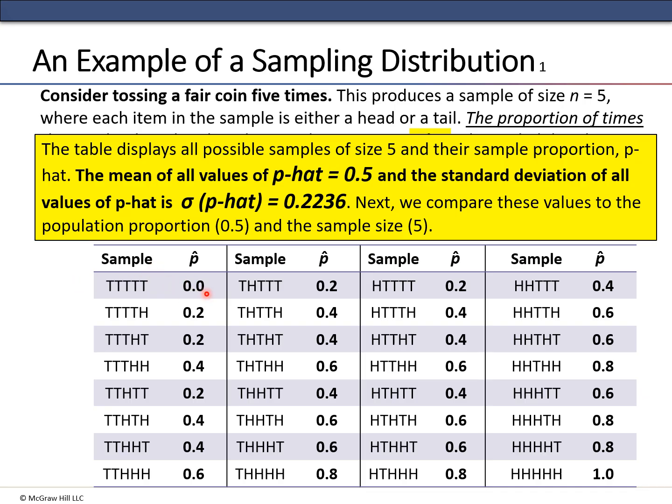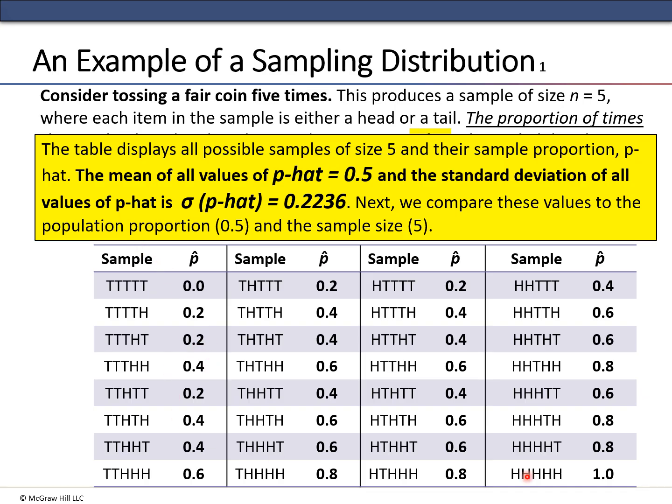We get a proportion of 0.00. If we do it again, and the last one is a head, we have 1 out of 5, so our proportion is 0.2. If we have 2 out of 5, then we have 0.4. And you can see how we have these different proportions for our sample distribution. Okay?